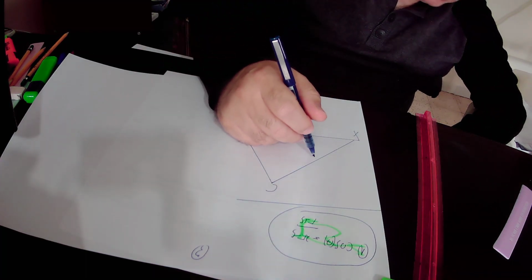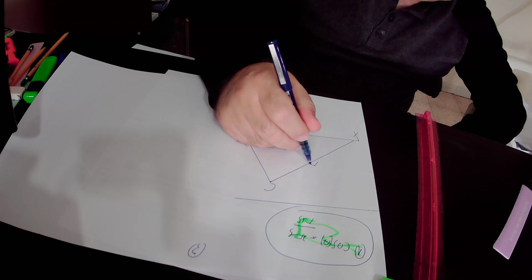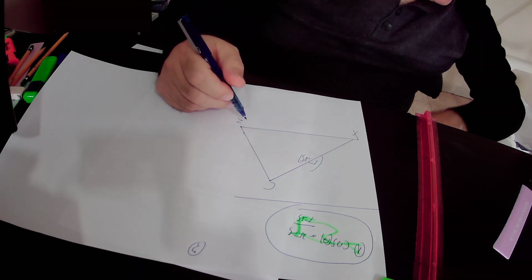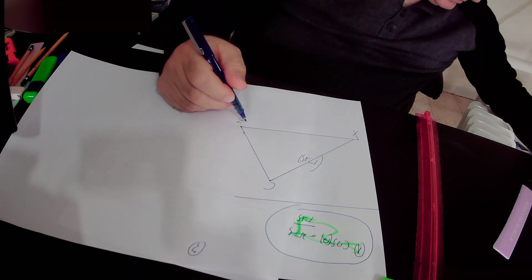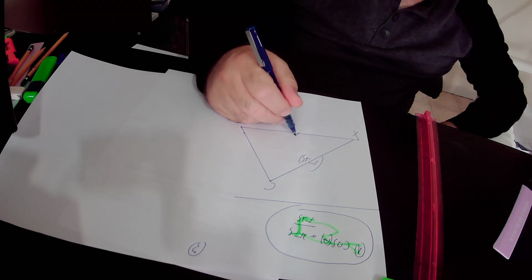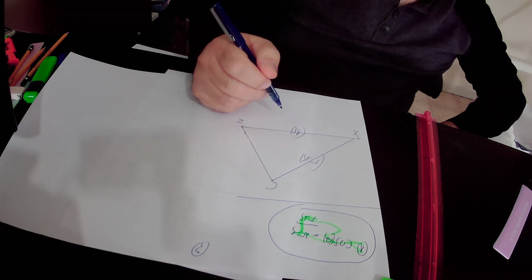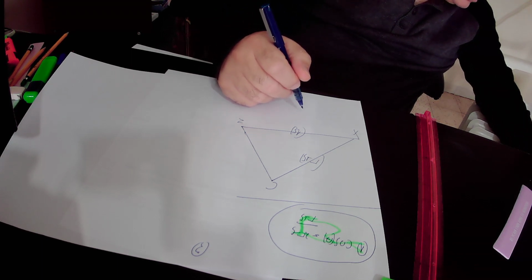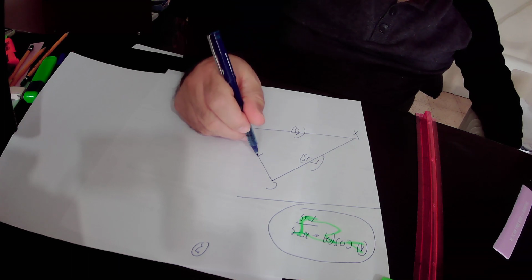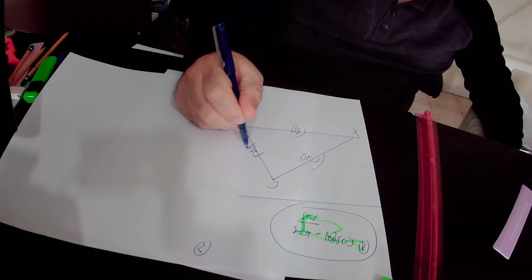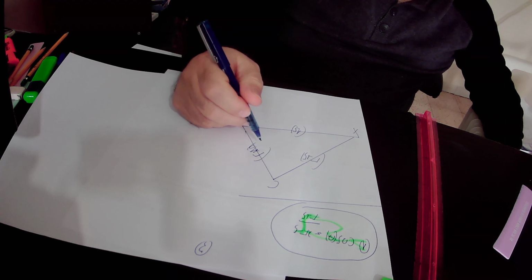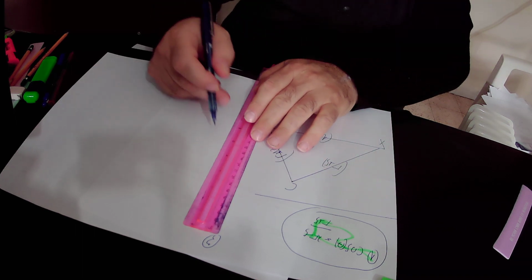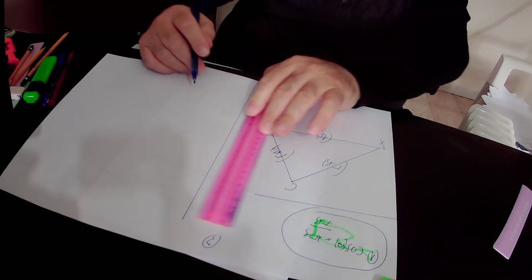We have already found out that CX equals r plus 5, XZ is equal to 15, and CZ is equal to r plus 10. So we will implement the law of cosines in this triangle CXZ. This will be equation number 2.